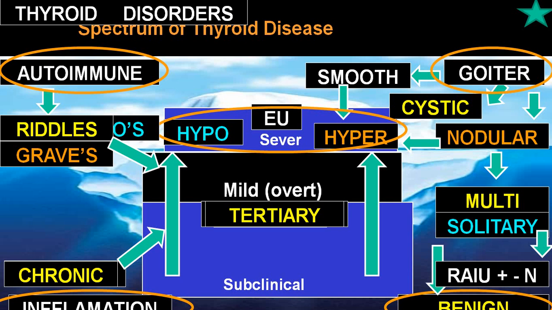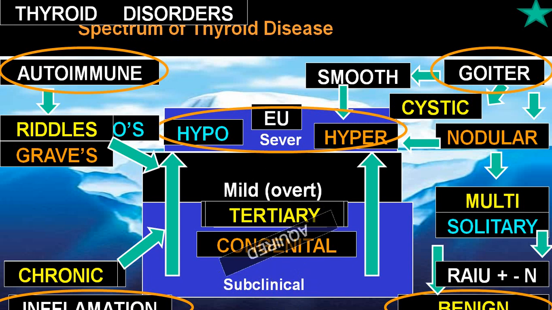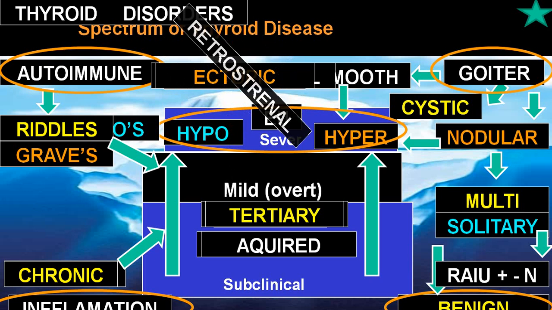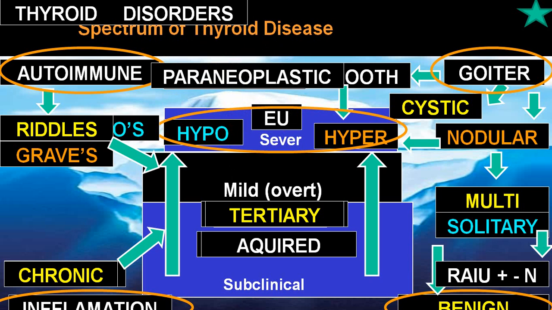Tertiary is mainly because of the hypothalamus. It can be congenital or acquired. Depending upon the situation of the thyroid gland, it can be in normal position, it can be lingual, a thyroglossal cyst, inside the tongue, that is intralingual, or ectopic, particularly retrosternal, or maybe even in the mediastinum.